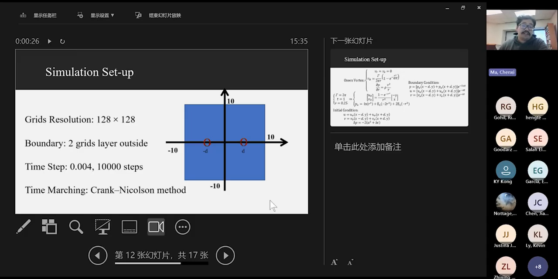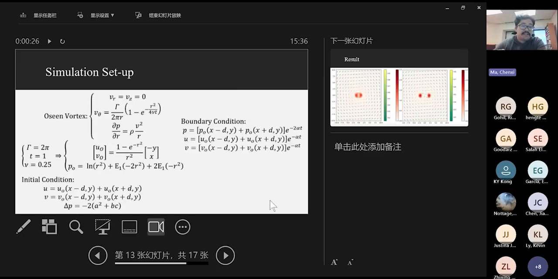The grid resolution I pick is 128 by 128, because we are using the derivative formula with fourth order accuracy, which requires us to provide the boundary with a 2 grid point layer thickness on the outside. The time step I pick is 0.004, and in total we have 10,000 steps. The time marching scheme I use is the Crank-Nicolson method.